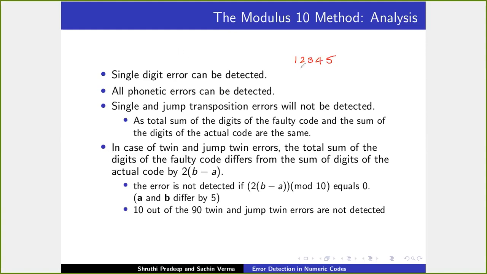See, when you are making the number in the modulus 10 method, the last digit we make from the remaining digits in such a way that the modulus 10 becomes 0. Okay, that is the mechanism. Then if a number is transferred, you first do modulo 10. If it is not 0, then you will find that there is a mistake. Yes.